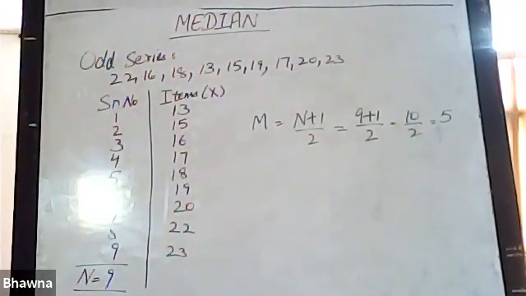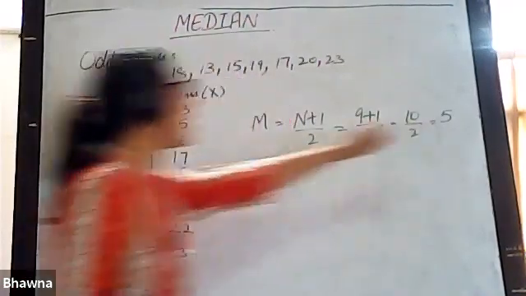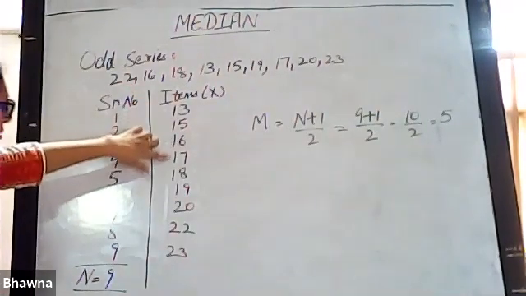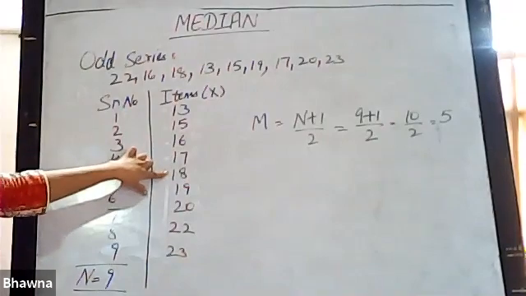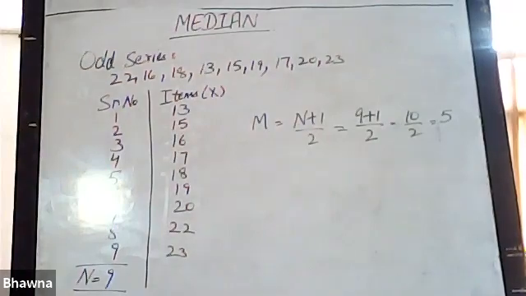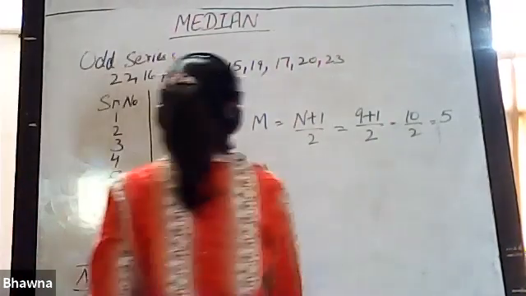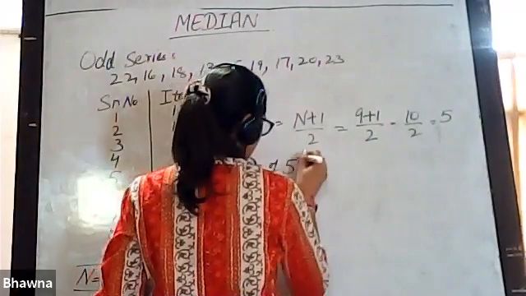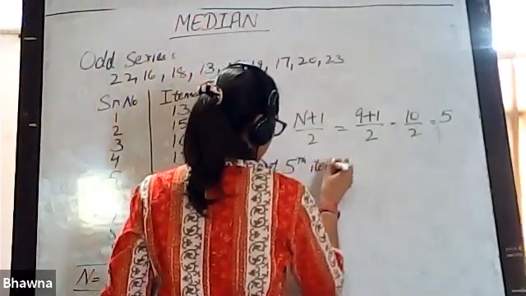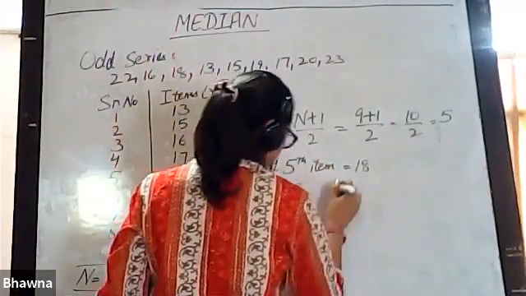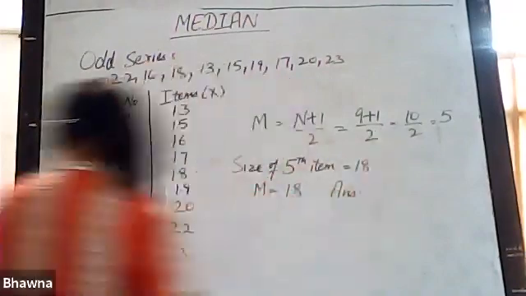So now we have to find the size of the fifth item: 1, 2, 3, 4 and 5. The size of the fifth item is 18. So our value of median is equal to 18. Median is equal to 18 and that is your answer.